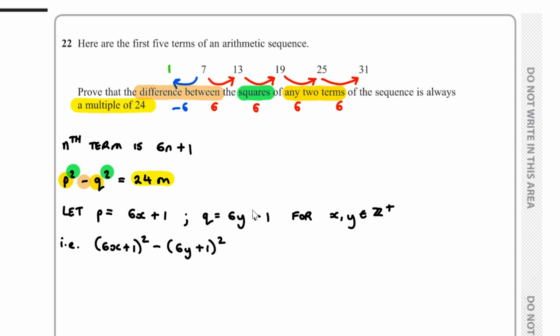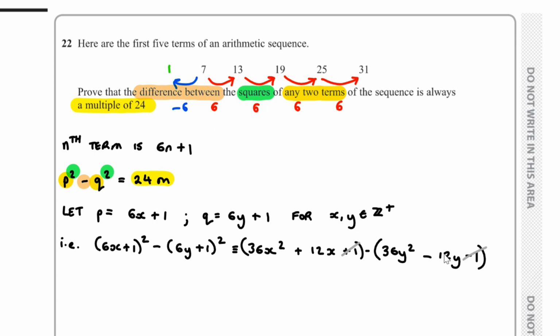If we work this out, we end up with 36x squared plus 12x plus 1 minus 36y squared plus 12y plus 1.